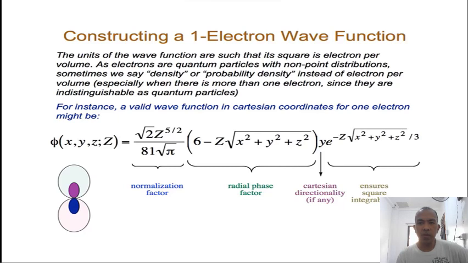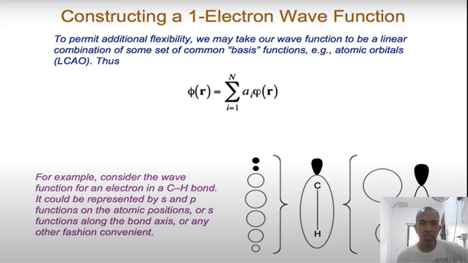The atomic orbital wave functions have the right shape for an atom, and then hopefully we have a good approximation to the shapes that we need to put together to describe the electron density in molecules.